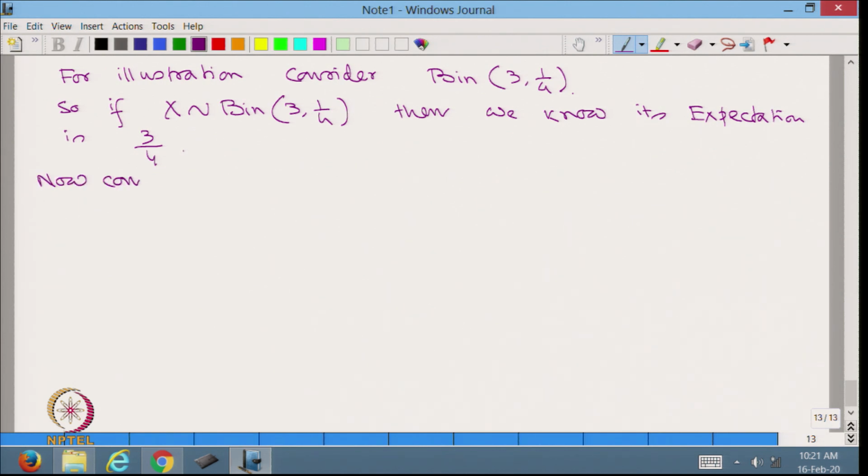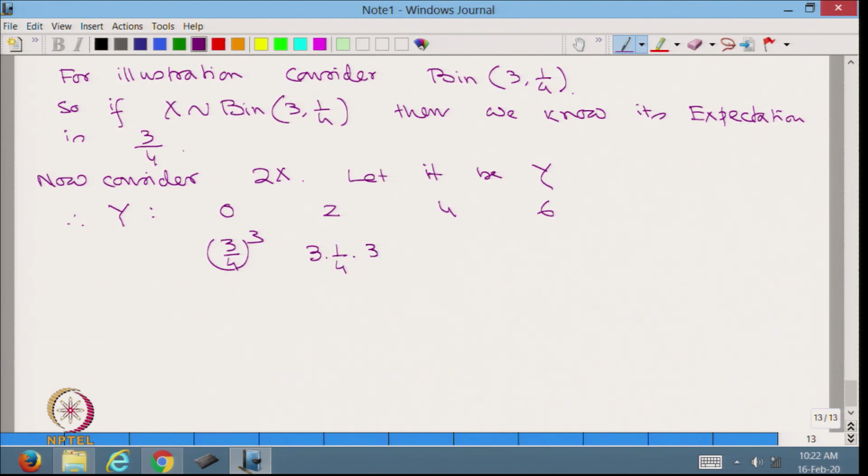Now, consider 2x, let it be y. Therefore, y takes values 0, 2, 4 and 6 with probabilities 3 by 4 whole cube, 3 into 1 by 4 into 3 by 4 whole square, 3 into 1 by 4 whole square into 3 by 4, and 1 by 4 whole cube.